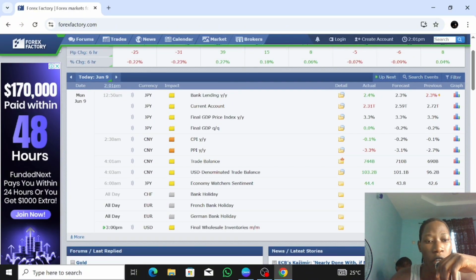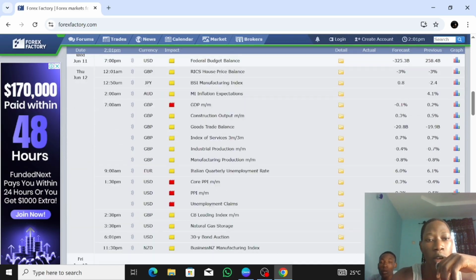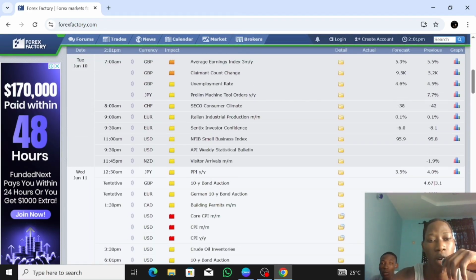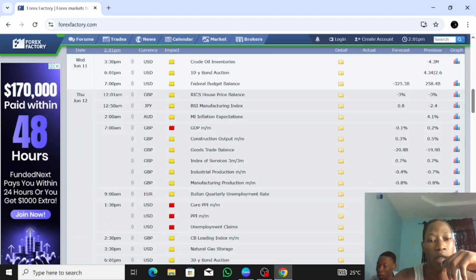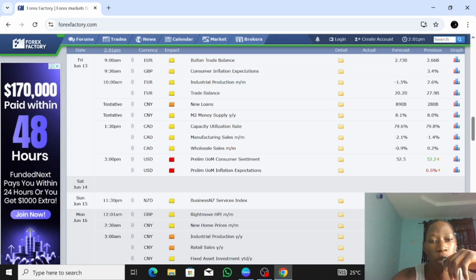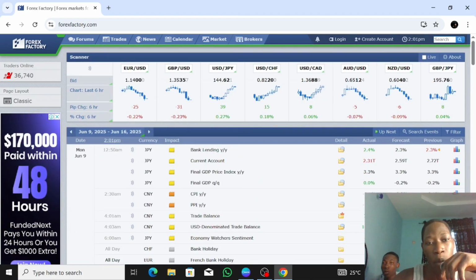So these are the news events for today, which is Monday, and these are the news events for the week throughout, right? You also need to know the uses of all this information that is listed here, right? Because they are very, very important. Some are more important than others, and some are less important than the others.